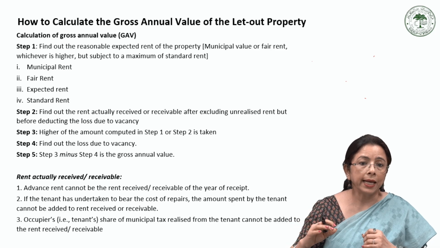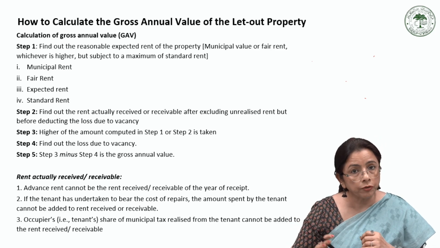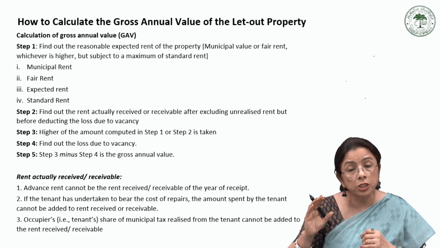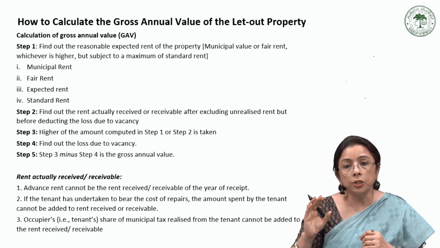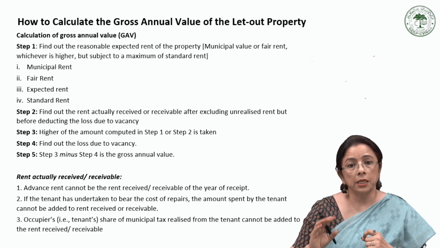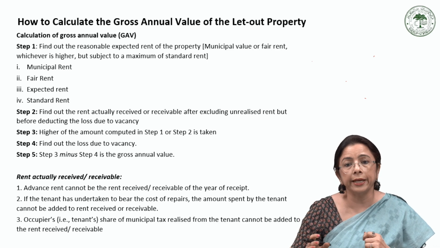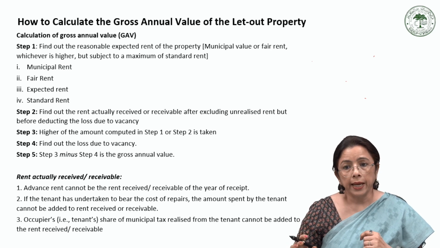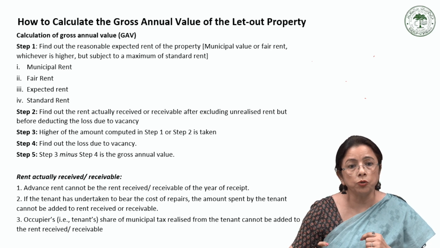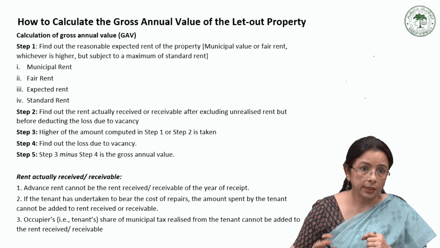And if the tenant has undertaken to bear the cost of repairs, in that case the amount spent by the tenant cannot be added to rent received or receivable. And the tenant's share of municipal tax realized from the tenant cannot be added to actual rent received or receivable, as it is the occupier's duty to pay the municipal tax.